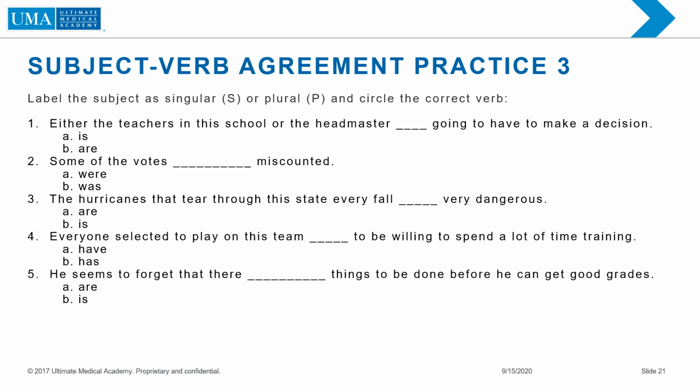Either the teacher in this school or the headmaster blank going to have to make a decision. Some of the votes blank miscounted. So it would be were or was.